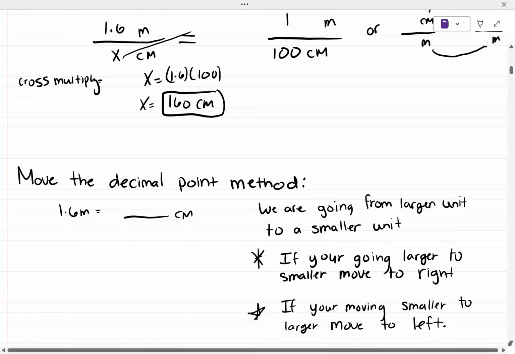And if you're going from smaller to a larger, you're going to move it to the left. So what we have is we are definitely going from a larger, right? Meter is pretty large, and then centimeter is smaller. So we are going from a larger unit to a smaller unit. So we're going to move the decimal place two decimals to the right.